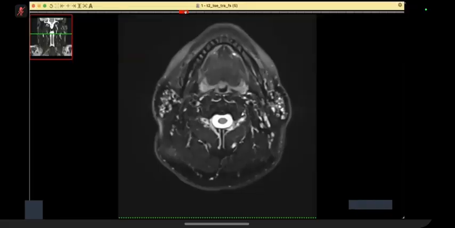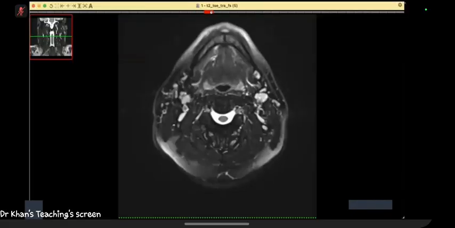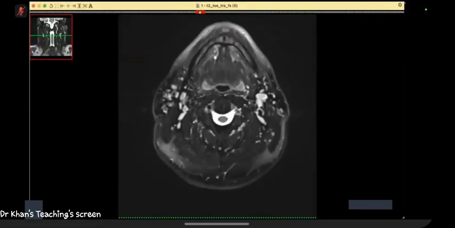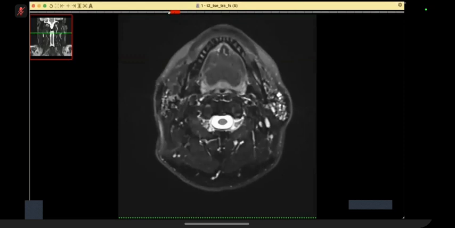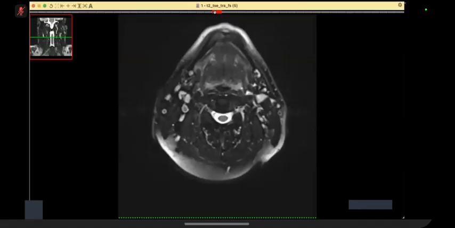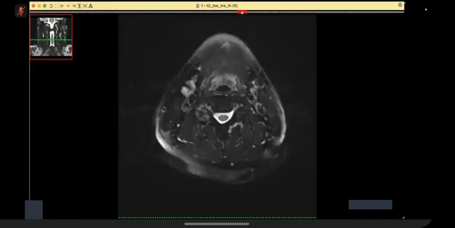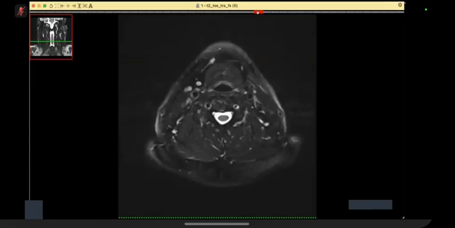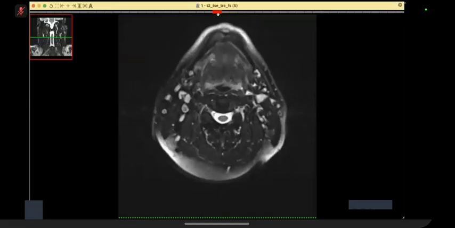I cannot see any extraglandular invasion of the surrounding soft tissues or subcutaneous tissue. I'm just reviewing to see if there are any enlarged lymphadenopathy.